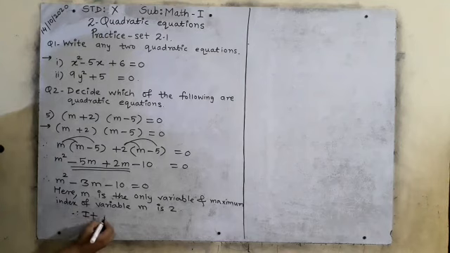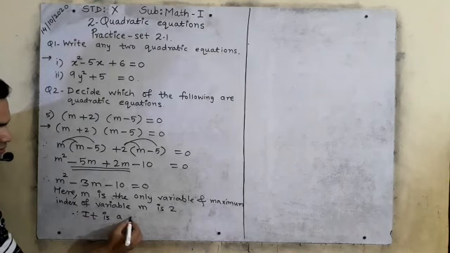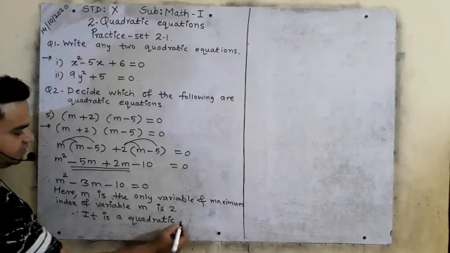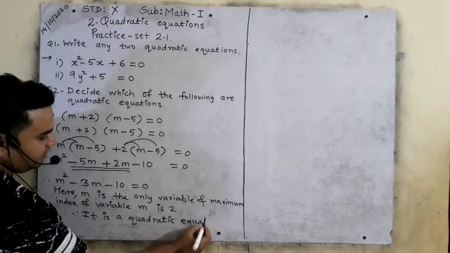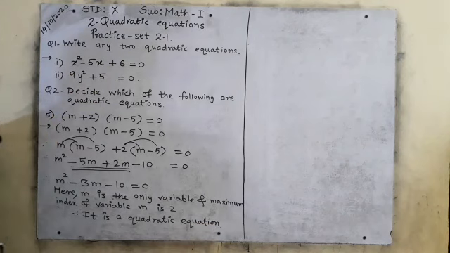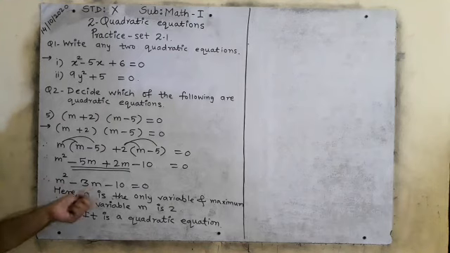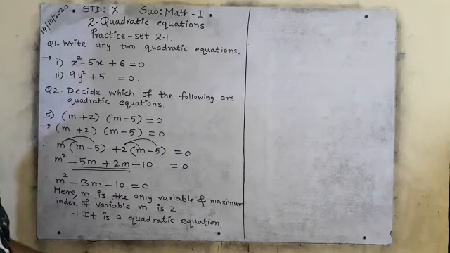Therefore it is a quadratic equation. I hope you understood how to solve this. I have explained very nicely, and at the end you will come to know whether it is a quadratic or not. If its highest index is 2, then it is a quadratic.